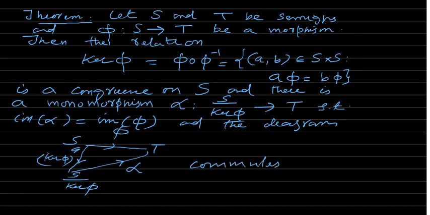Commutes का मतलब ये है, अगर आप इन दो का कंपोजिशन लोगे, kernel of phi natural composition alpha, this composition should be equal to phi. So this is the statement of the theorem.